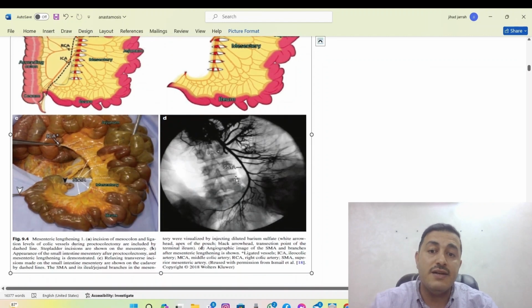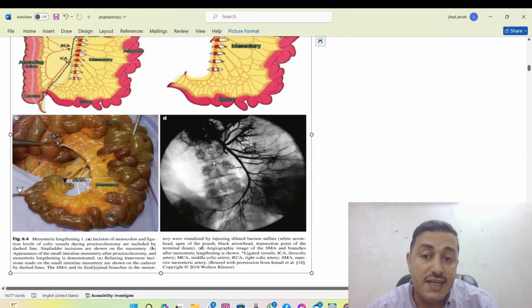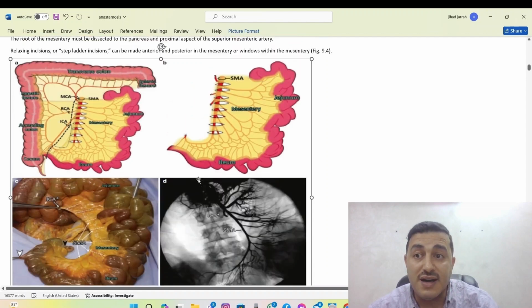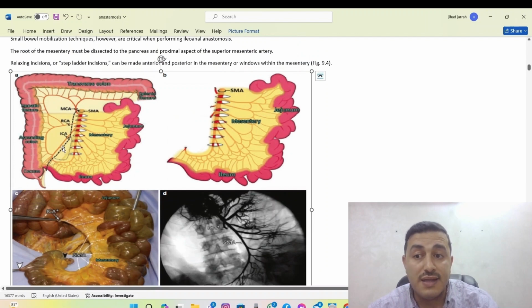And here is an image showing how we cut the ileocolic artery. The superior mesenteric artery on the left side is patent, where it gives its jejunal and ileal branches, while on the right side we cut the ileocolic, right colic and middle colic.